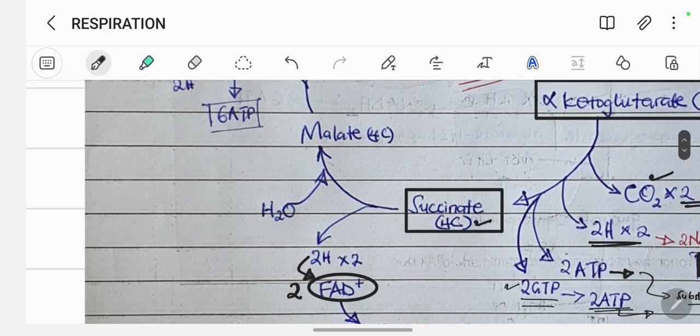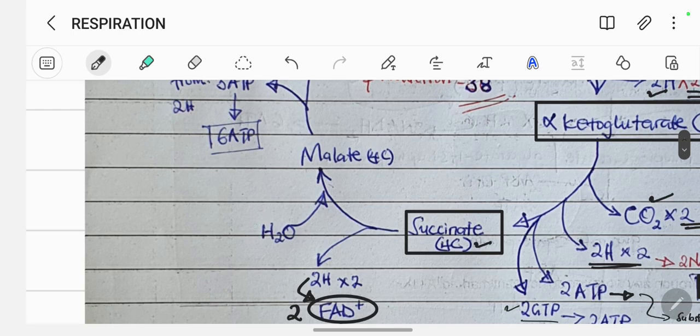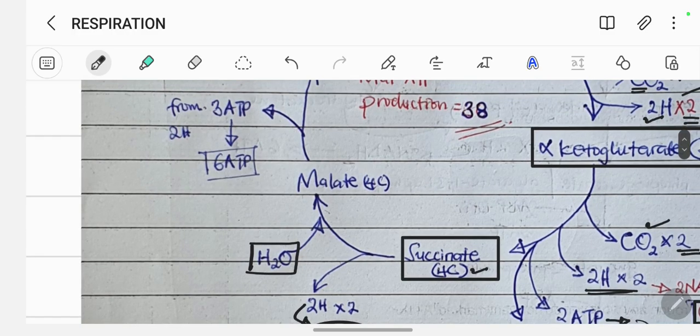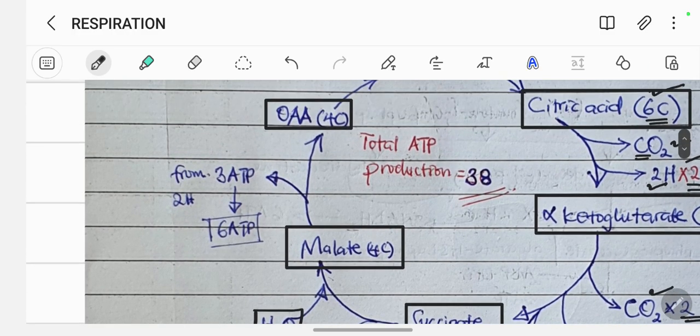So we move on to the addition of water. We have to pump in some water. As we pump in some water, we form malate. And from malate, we have to lose 2 hydrogens. And these 2 hydrogens are going to be from 2 molecules. So we form 3 ATP molecules each, 6 ATP.